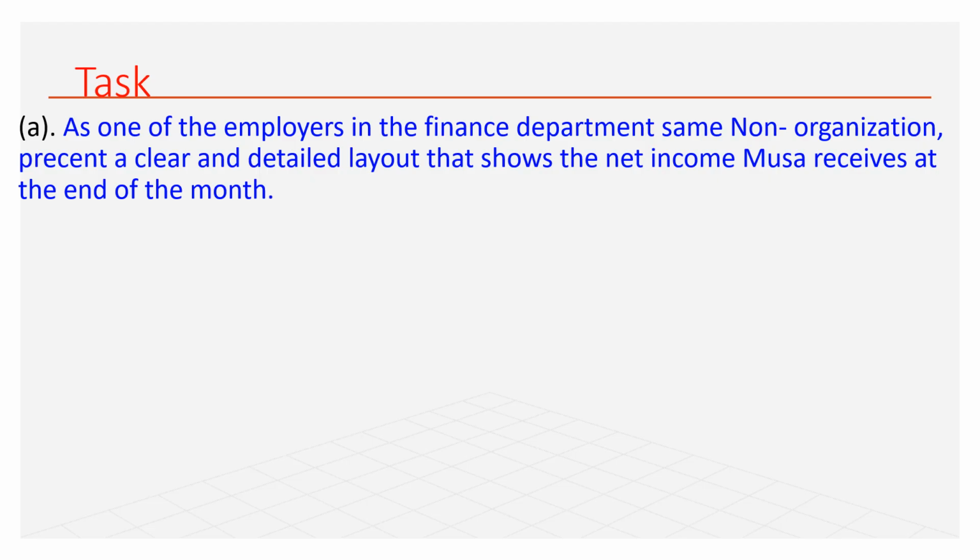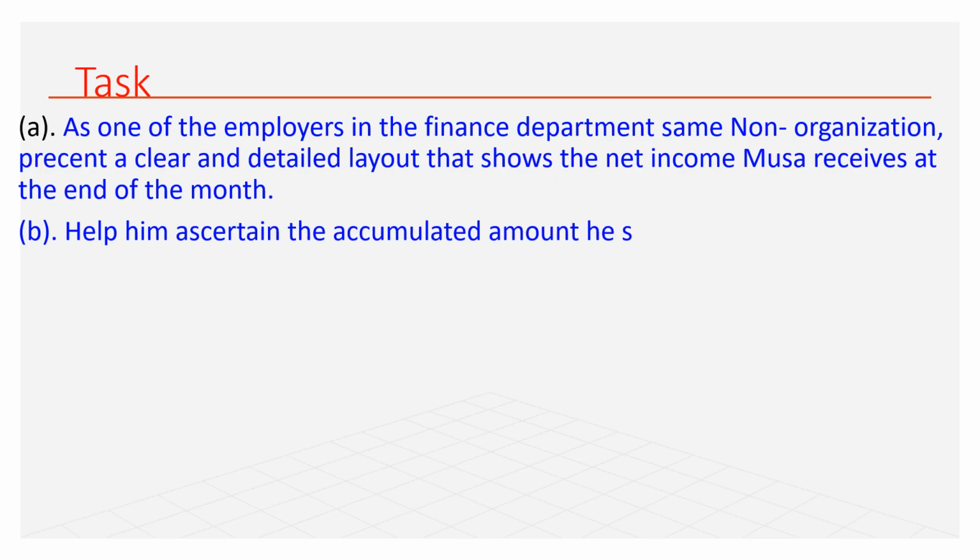In other words, they want you to display the calculations of the net income, right from the taxable income, how we get it, given that we have the total allowances and the gross salary. Then we can find the net income. Part B, help him ascertain the accumulated amount he shall have in the savings account.